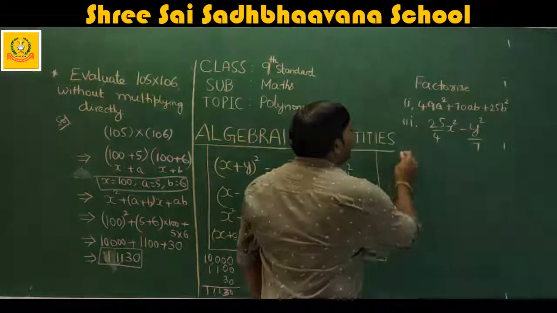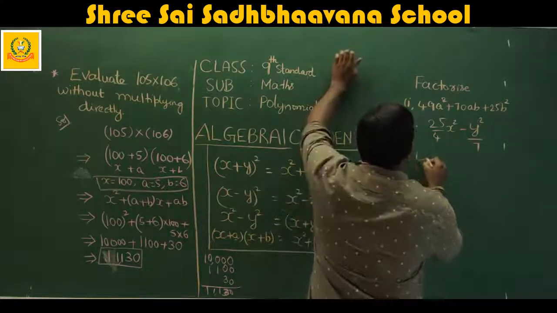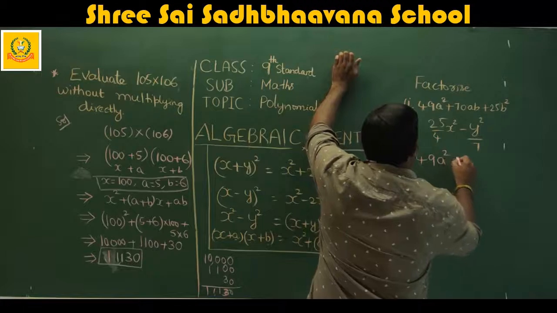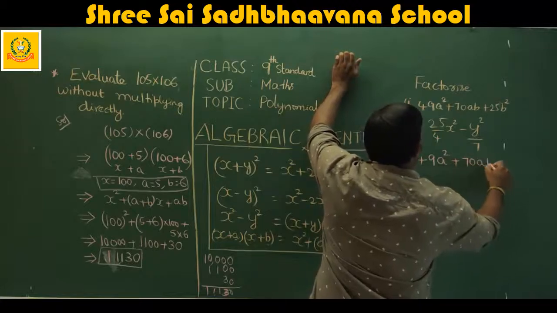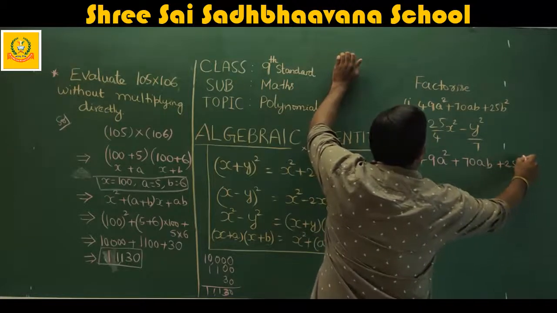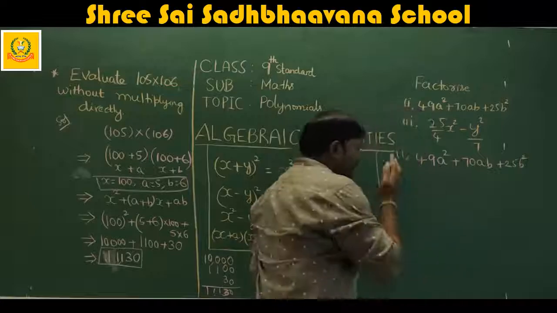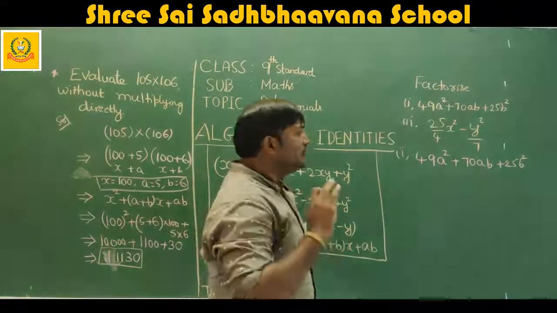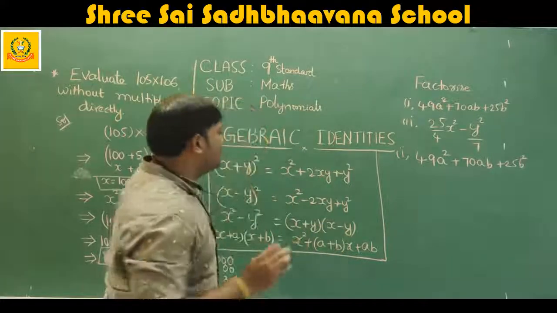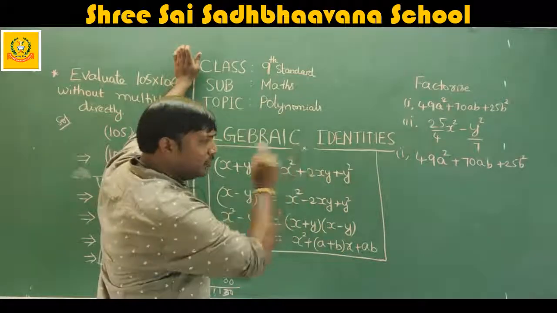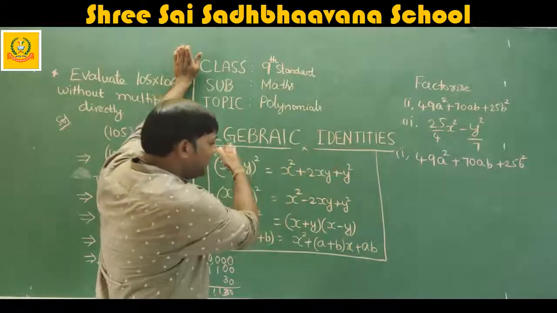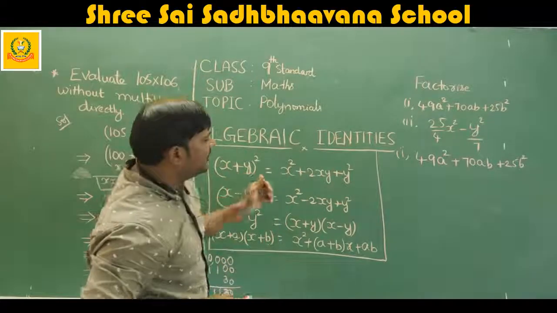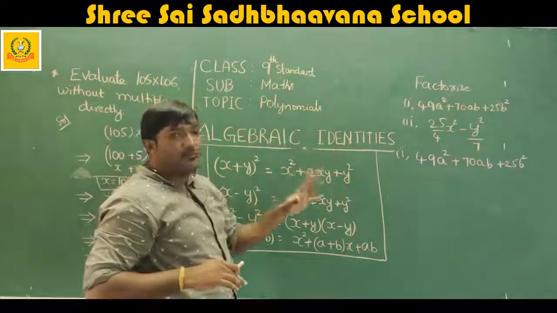So how do we convert? First one, let me take 49a square plus 70ab plus 25b square. This is the sum given. So now you should use your brain, obviously. When you compare that with these identities, you can observe maybe they just changed x and y.